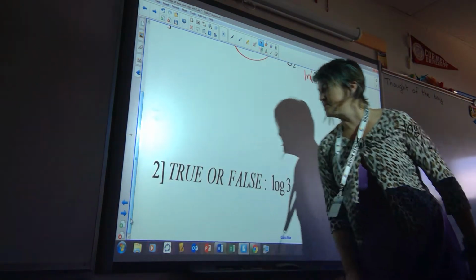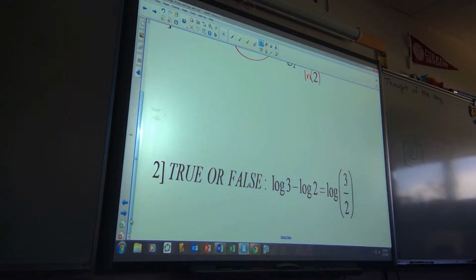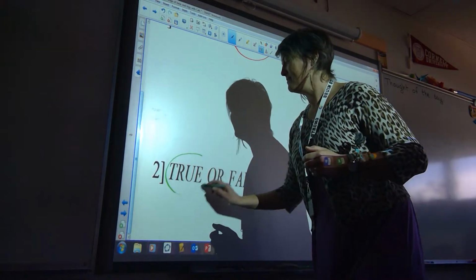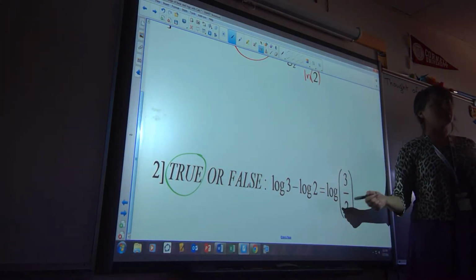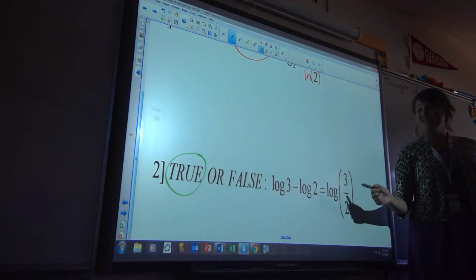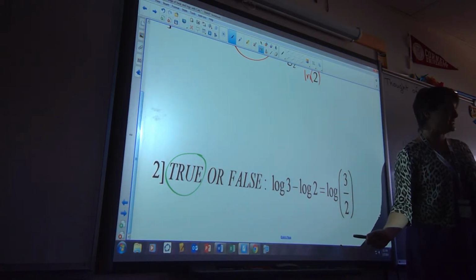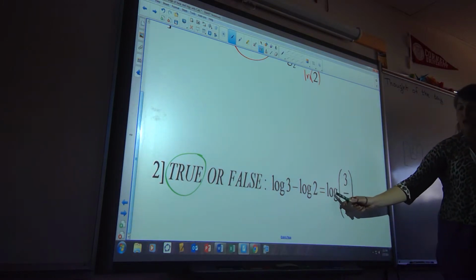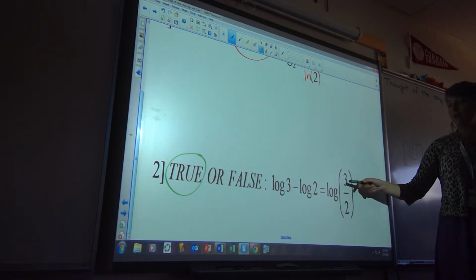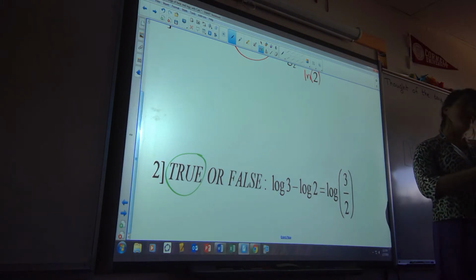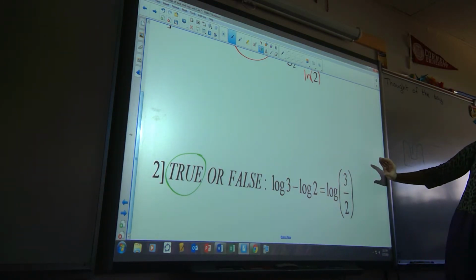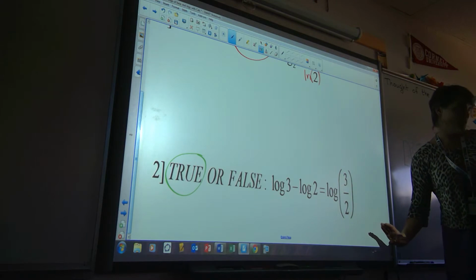So then what about this? Is that true or false? True. This is true. This is one of the properties that you need to know for tomorrow. Now, this is very often confused with the change of base because log of 3 divided by 2 is not the same as log 3 divided by log 2.